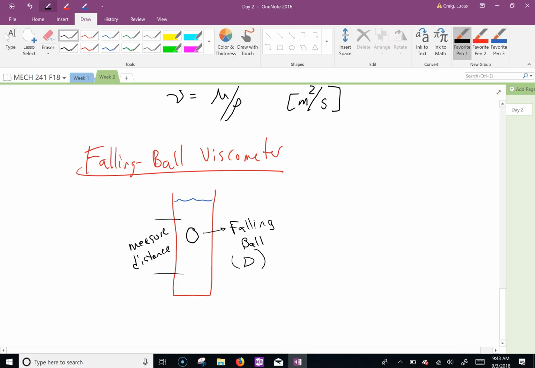So first off, tell me what happens if you drop a ball in a liquid or you jump out of an airplane. What's going to happen to your speed? Say we put it inside the fluid and we let it go. It'll increase, right?